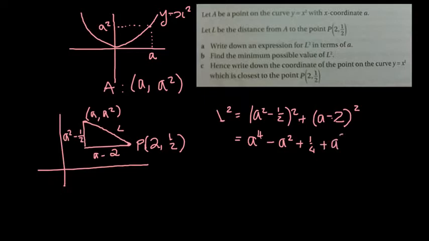So a squared minus 4a plus 4. Okay, my a squareds cancel, and I'm left with a to the 4 minus 4a, and then 4 plus a quarter, which is 17 over 4.